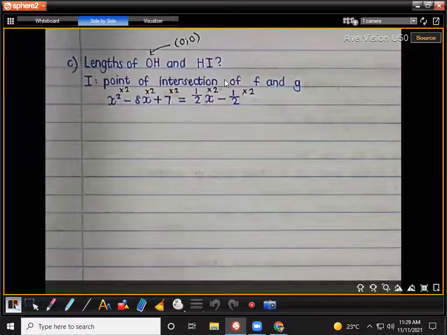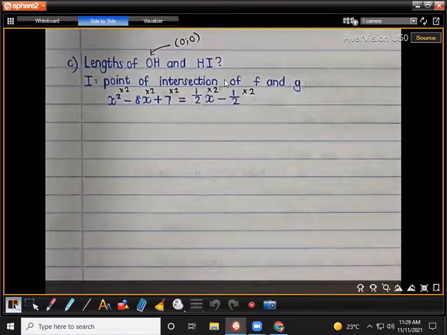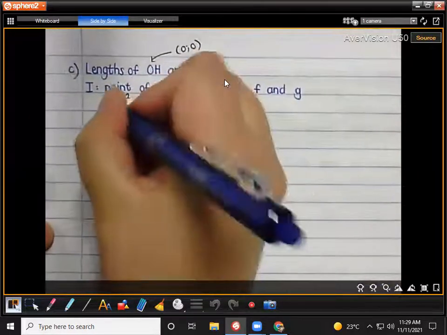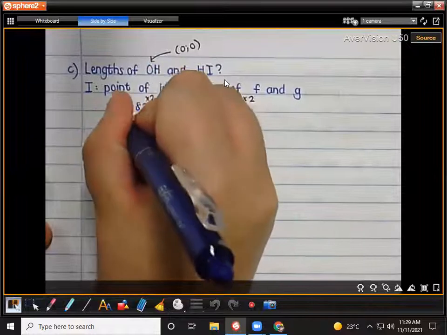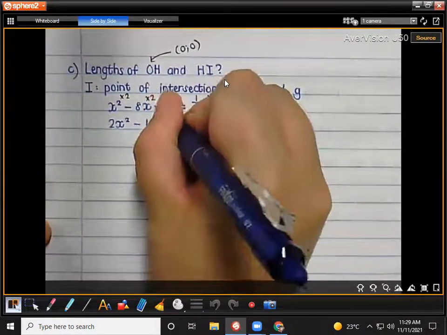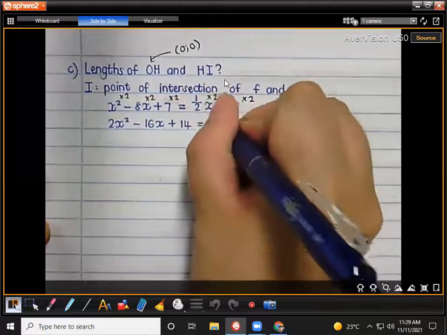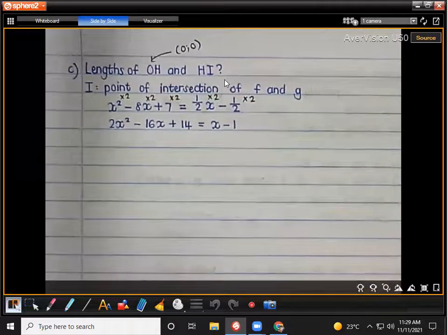Right, you multiply each term by the LCD, which you are allowed to do when it's an equation. Because now those 2's are going to cancel out and those 2's are going to cancel out, right? So you won't be left with those fractions. So I'm going to have 2x squared minus 16x plus 14 is equal to 1x minus 1.